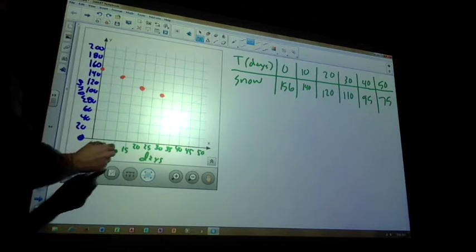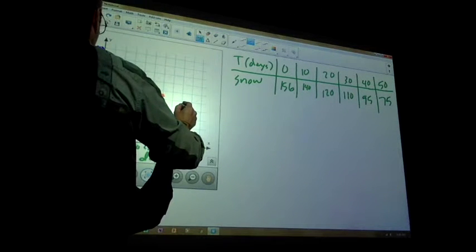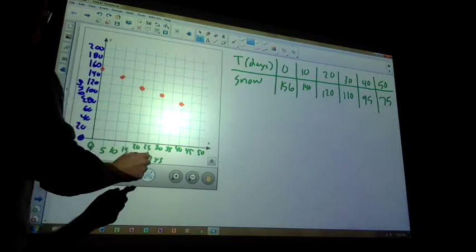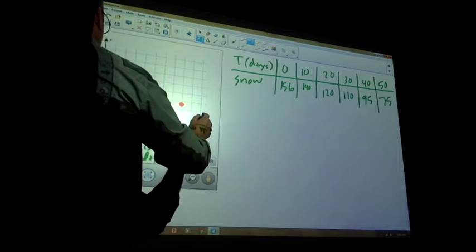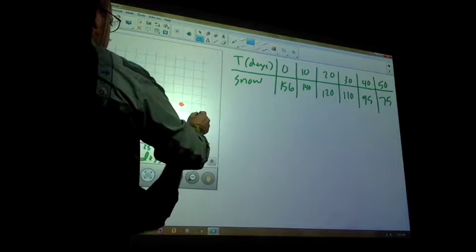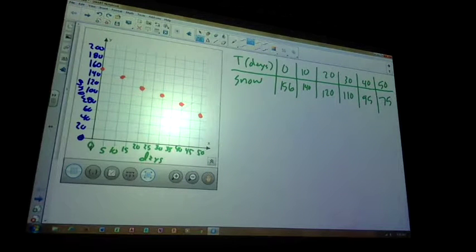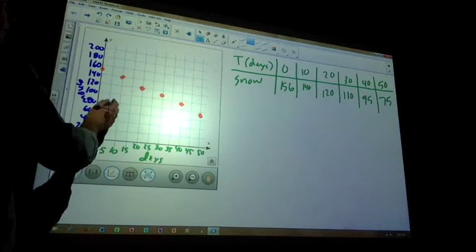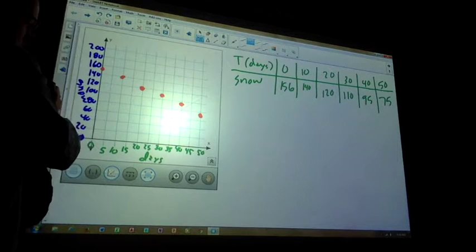At 40 days, 95. At 50, I'm at 75. So it kind of appears it's going to make a straight line. Let's see if this is going to work for us.